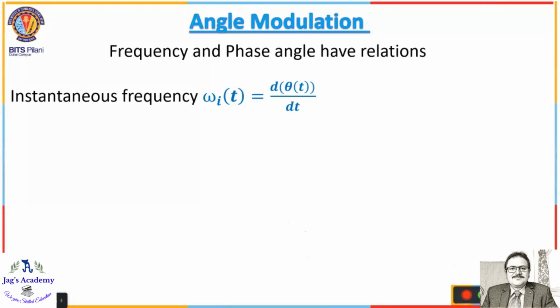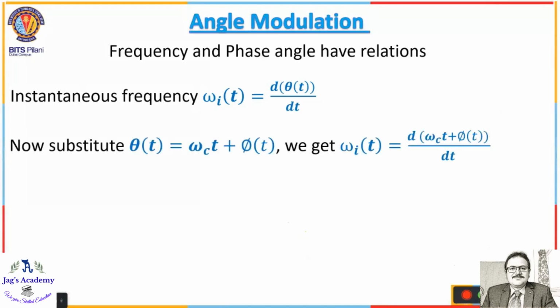Now in our case, what is theta of t? It is omega ct plus phi of t, yes or no? So now theta of t is equal to omega ct plus phi of t. Now you will get omega i, that is the instantaneous frequency of the modulated wave, equal to d of omega ct plus phi of t by dt. Which is constant in this, tell me?